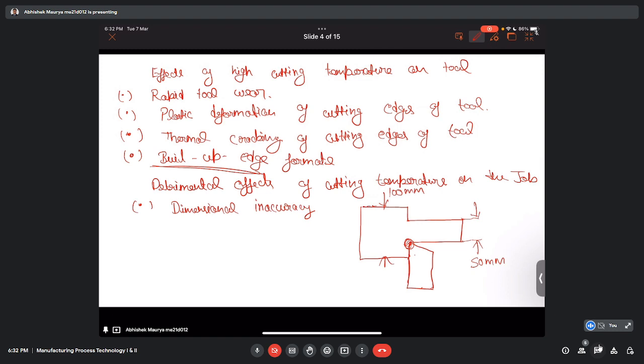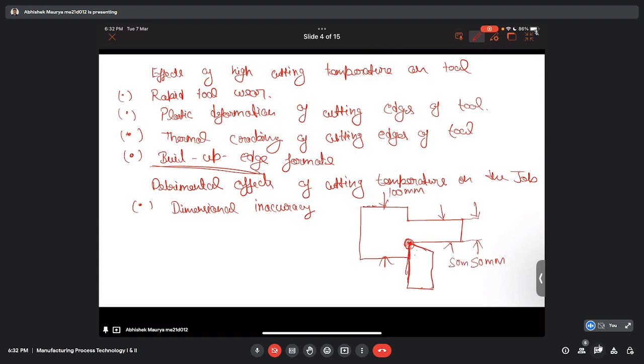Here in this region, if a temperature rise has taken place, let's say about 500 degrees Celsius, because of the thermal expansion the material will expand. At this point the temperature is high and we are maintaining the tool and workpiece position such that we expect a final diameter of 50 mm.